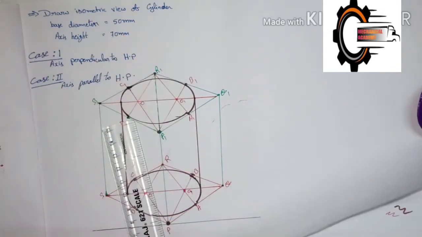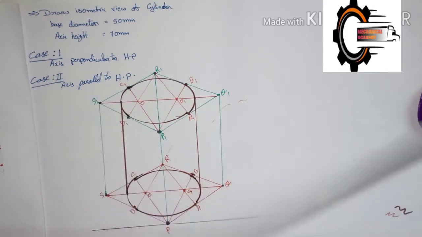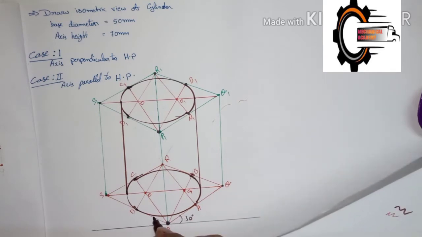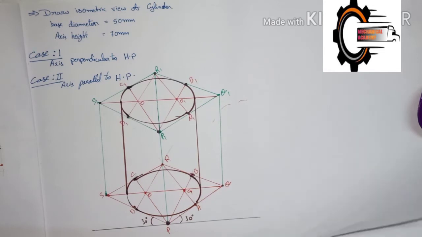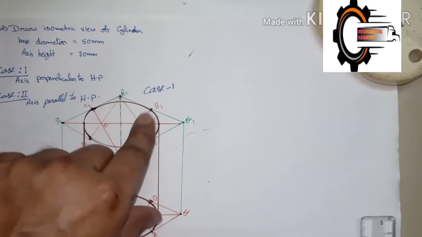Now this is the end of the cylinder. This is how to draw the cylinder. Here these two are 30 degrees. So this is case 1.